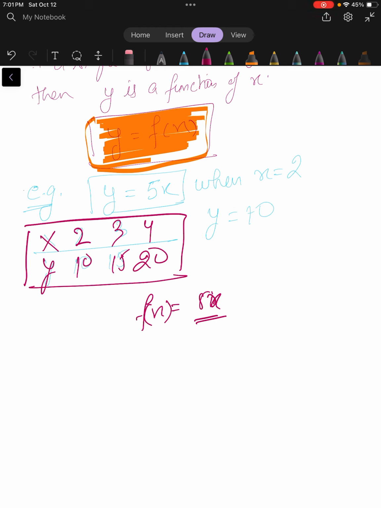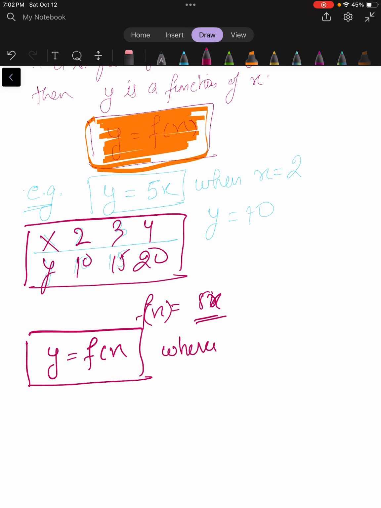So now we'll come into the difference and the differential coefficients here. So we will say here y is equal to f(x), y is a function of x. So this is a function where x and y are variables.